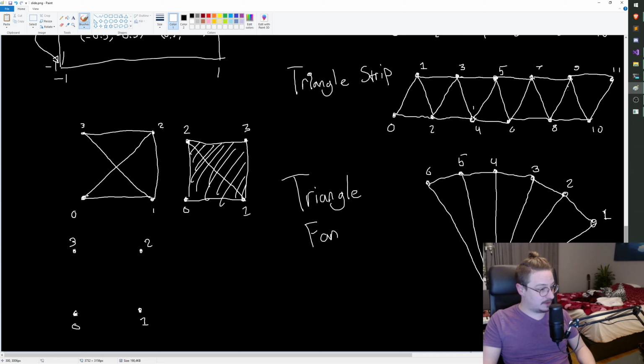We'll go 0, 1, 2 as always. Standard start. So what does the fan algorithm do? From the previous triangle, we take the first vertex and the last vertex. So that's going to be 0 and 2. It takes the first and the last, and then joins that with the next vertex, and that's going to be this one. So there we go. We have another square.